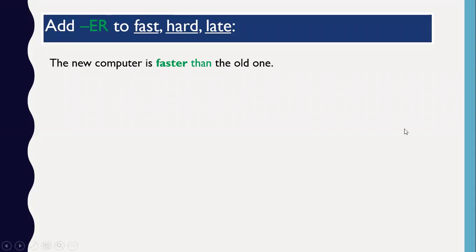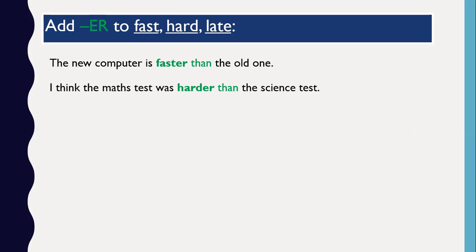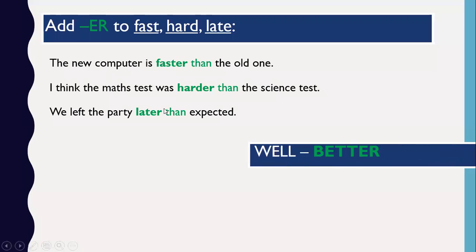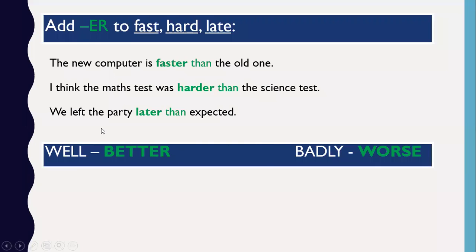I think the math test was harder than the science test. Here we have adverbs in faster and harder. We left the party later than expected. Later here is also an adverb. And then we have well becoming better, and badly becoming worse.